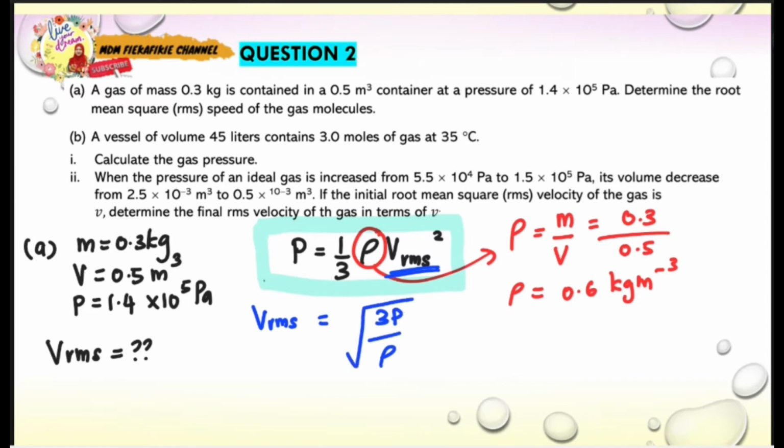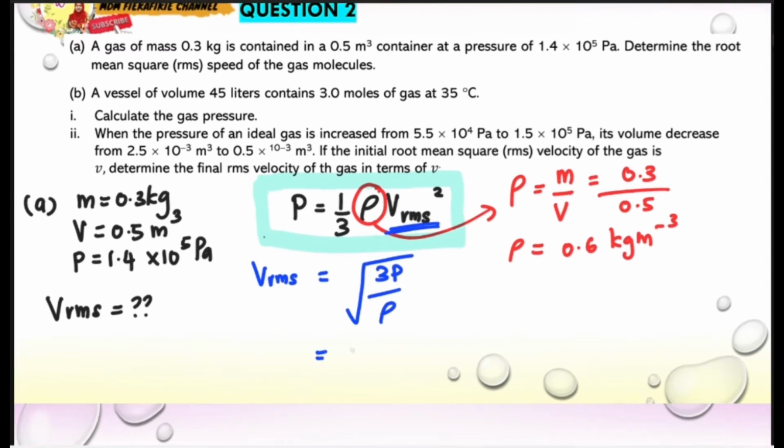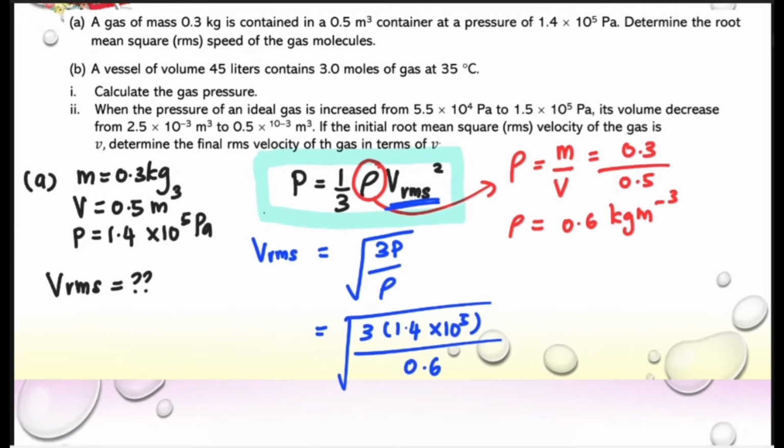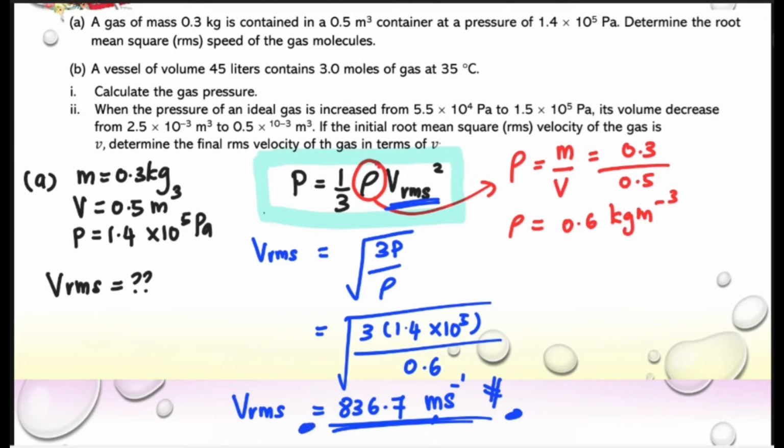Don't forget to take the square root. Let's substitute all the values. Pressure is 1.4 times 10 power of 5, and density is 0.6. When we calculate, we get VRMS equal to 836.7 meter per second. So this is the answer for part A.